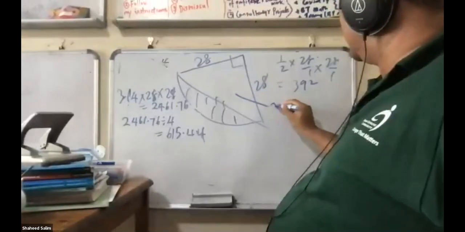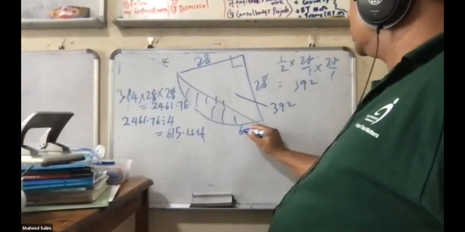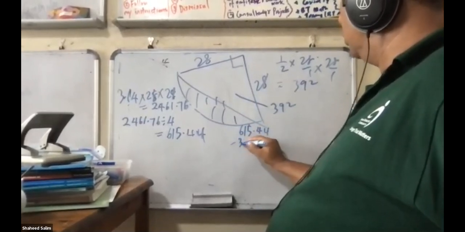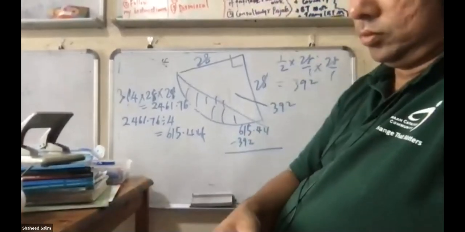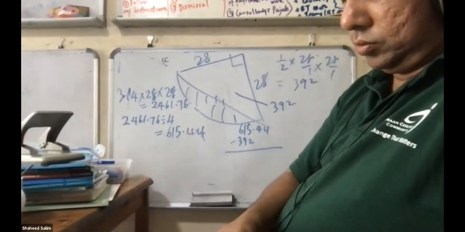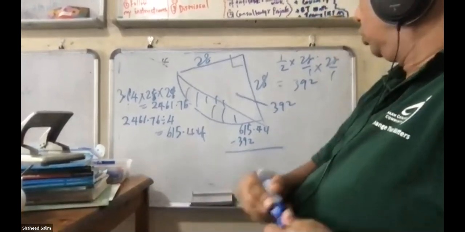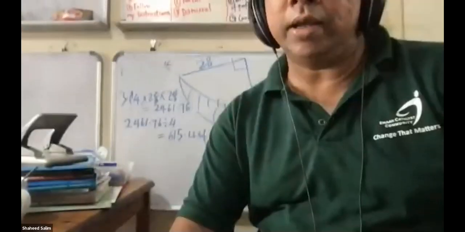So this one is 392. The whole thing is 615.44. So 615.44 minus 392. How much do you get? 223.44.